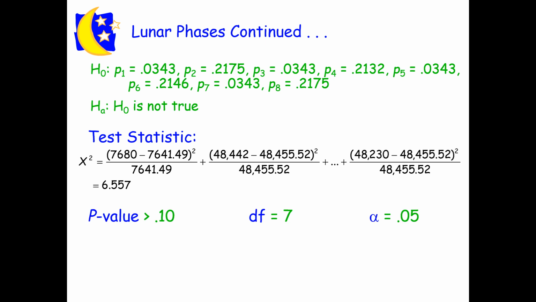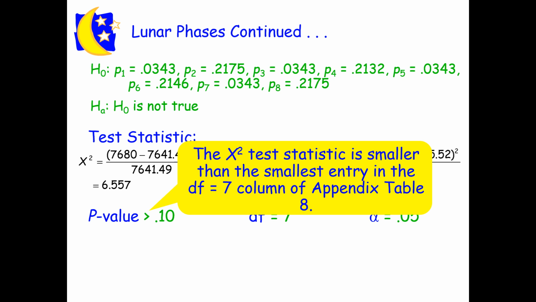That's going to give us a p-value that is greater than 0.10 with degrees of freedom of 7, looking at our alpha as 0.05. Now, how do we get greater than 0.1? Well, the chi-squared test statistic is smaller than the smallest entry in the degrees of freedom equals 7 column of our appendix table 8.